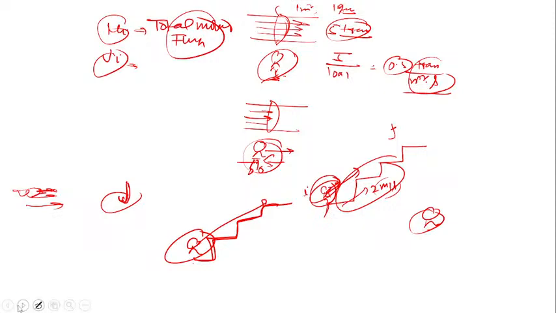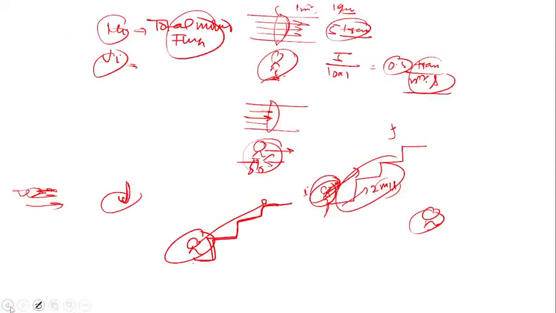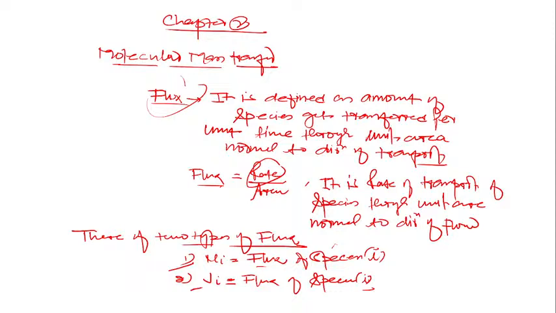So please write down here, Ni is the flux of species I with respect to a stationary observer.